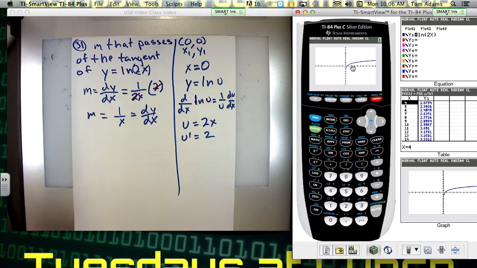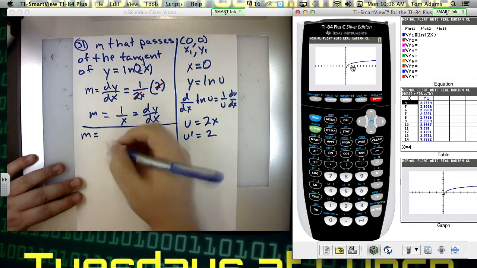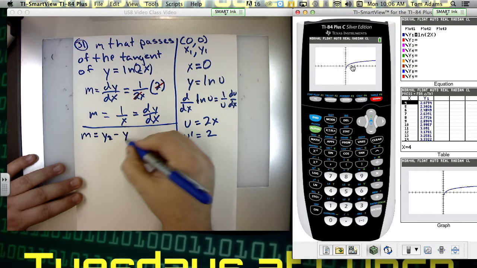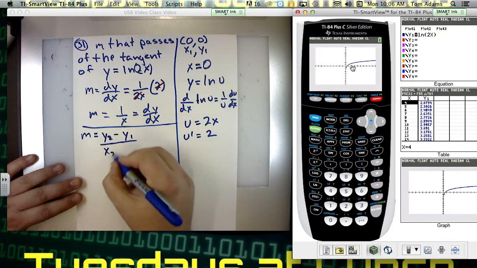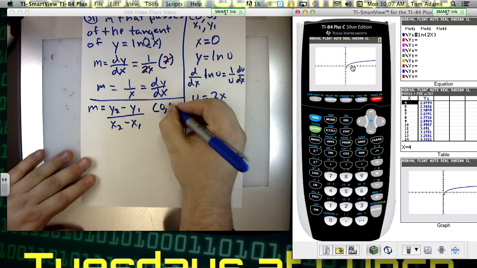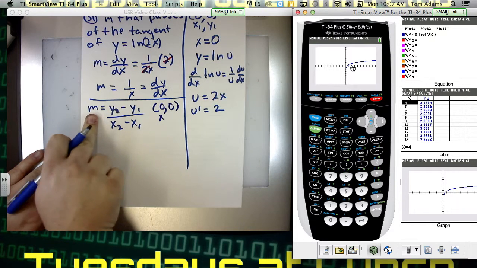So how do I solve that? Well, we're talking about the slope. So another thing I want to do is think about what the slope is. One way that we can find the slope is y sub 2 minus y sub 1 all over x sub 2 minus x sub 1. Well, (0, 0) is on this line. Now remember, this is the slope of the tangent line, not the original function.